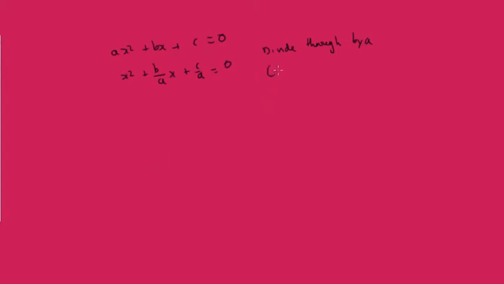Let's complete the square. So it's going to give us x plus b over 2a, squared, minus b over 2a squared, plus c over a equals 0.